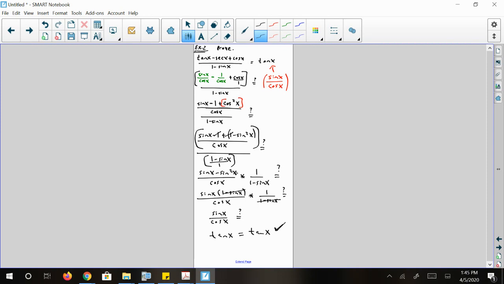I went ahead and factored out the GCF here, the sine of x, and what I was left with was a 1 minus sine of x, which allowed me to cancel out with this 1 minus sine of x here on the bottom. Okay, this left me with only a sine of x over cosine of x, which is exactly the same thing as tangent, which is what I was trying to show that this problem was equal to in the first place. Okay, so there's a couple of more difficult problems on the more difficult side of trigonometric proofs.